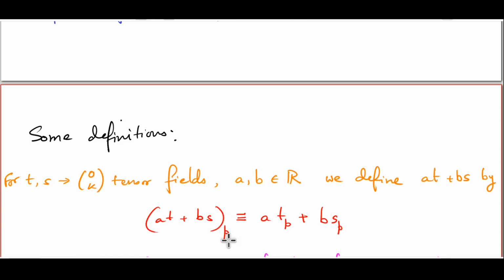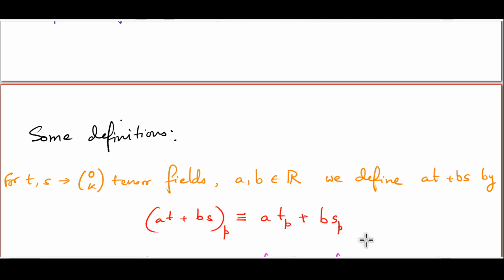Note that we already know how to linearly combine tensors at a point P, and we are just using that to define a linear combination with real number coefficients of tensor fields. Now, the fact that this is a tensor field is obvious because at every point P, it defines a tensor at point P.